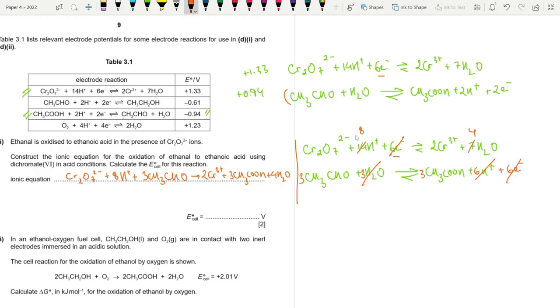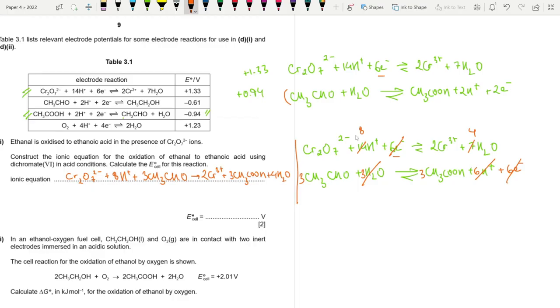So that's that. There was an alternate one, if you decide to write ethanoic acid as CH3COO minus, that would be okay as well, but you don't need that, honestly. This is the better way to do it. In that method, you just write CH3COOH as CH3COO minus.